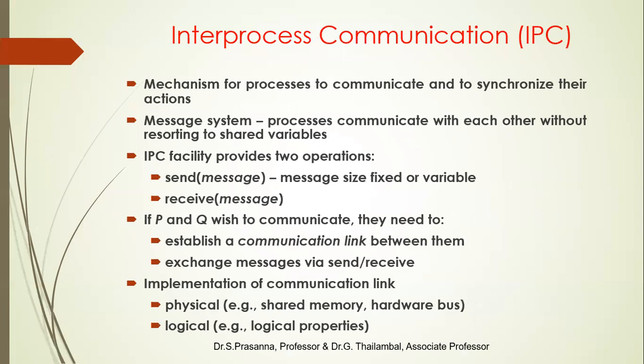Whenever you use a cooperating process, even in the producer consumer example, you have to send some information from the producer to the consumer and from the consumer to the producer, because that information will help the producer to stop or increase the production.